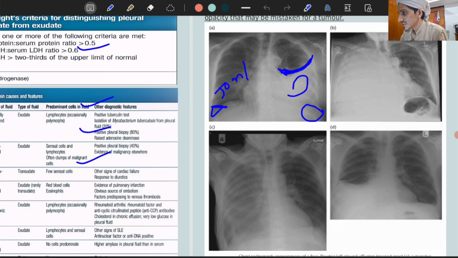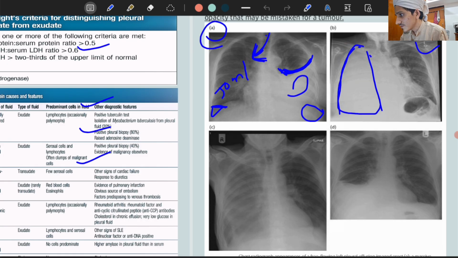In the picture you see here, there is a massive pleural effusion. And one more thing in this picture, see the trachea is shifted to the opposite side. Along with the trachea you can see shifting of the mediastinum also. The heart is also shifted towards the opposite side. This is a case of massive pleural effusion.